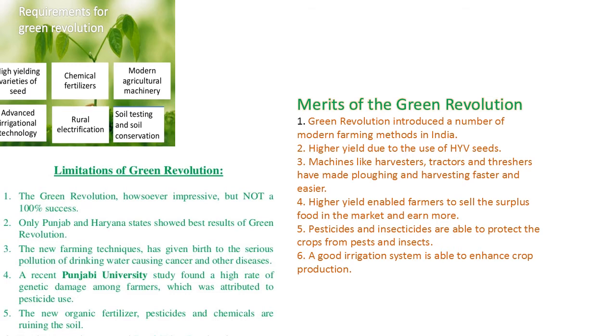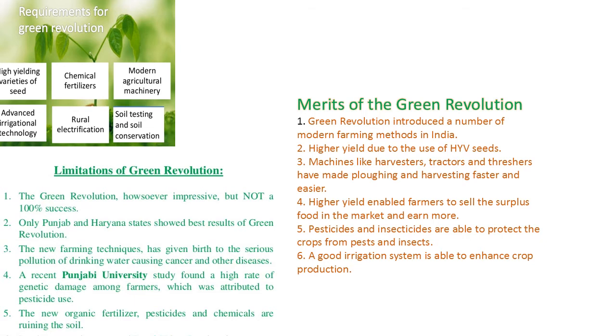Now, let us move on to the disadvantages or demerits of the Green Revolution. The Green Revolution, however impressive, was not a 100% success. Only Punjab and Haryana showed the best results of the Green Revolution. The new farming techniques have given birth to serious pollution of drinking water, causing cancer and other diseases.